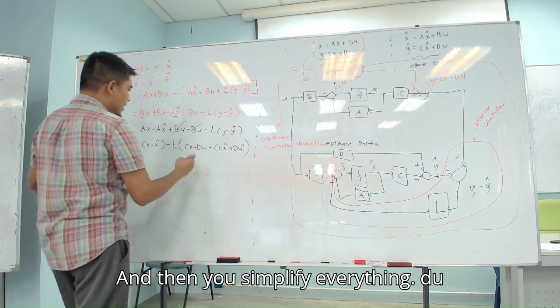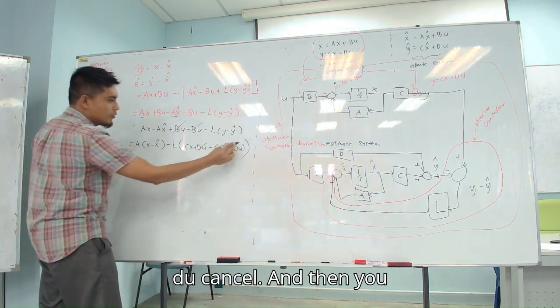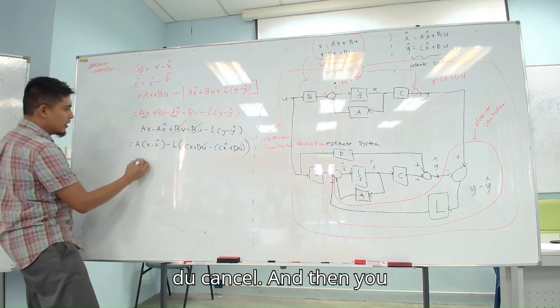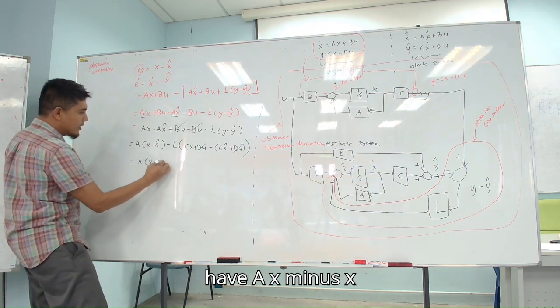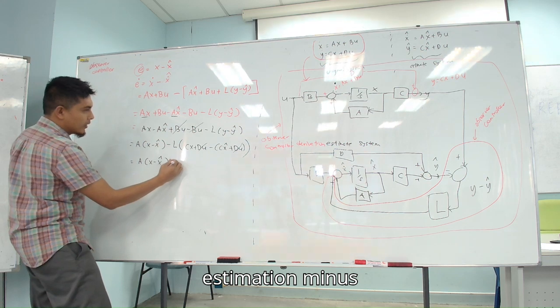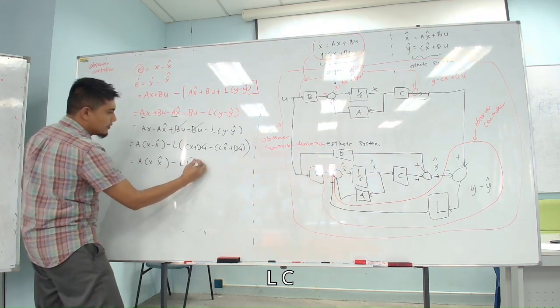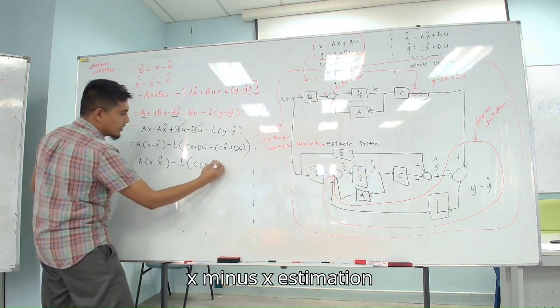And then you simplify everything. DU cancels. And then you have A X minus X estimation minus L C X minus X estimation.